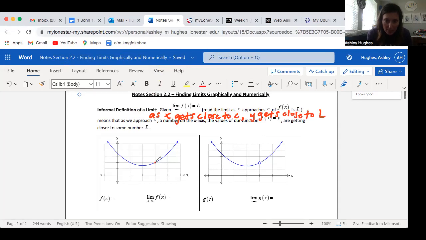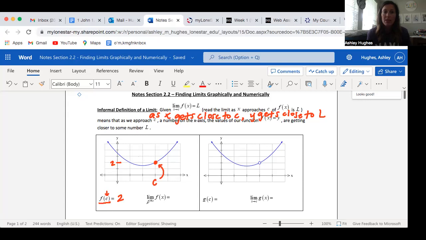So pretend this value right here is x equals c, which if we counted by ones, would be 1, 2, 3. But in general, say this value is c, some x value. What is f of c? Well, f of c means I put c into the function and I look for the output, which is right here, which would be 2.